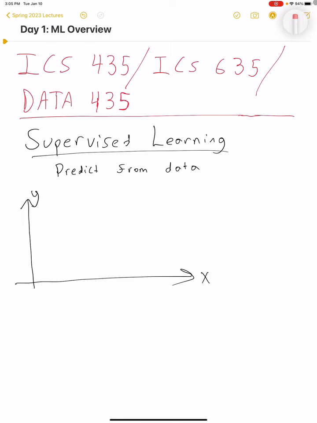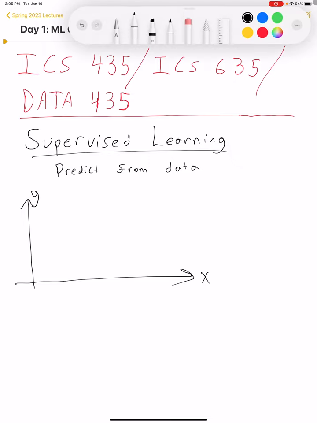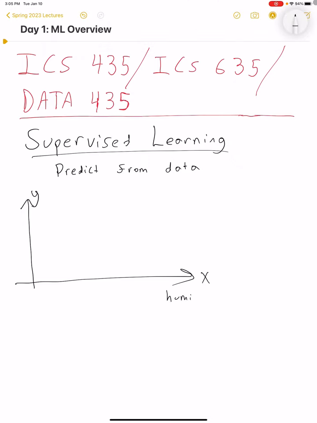So you're going to collect a bunch of data on different days. And so the x-axis in this example would be the humidity as a percent, and the y-axis would be inches of rainfall tomorrow. And to build this predictive model, we first need to collect data.